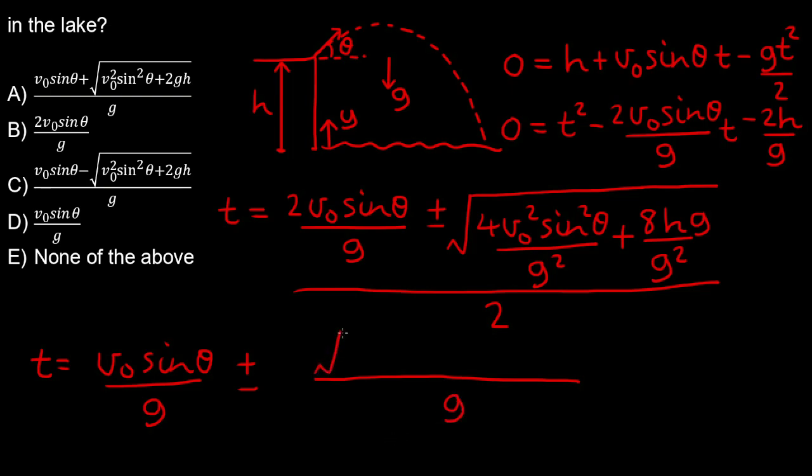And in the square root, we have v0 squared by sine squared theta plus 2gh. And because the time of flight is positive, then we take the positive root. And therefore the correct answer is A.